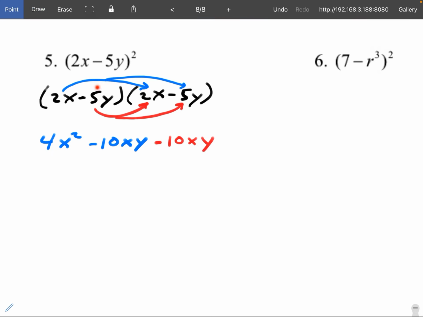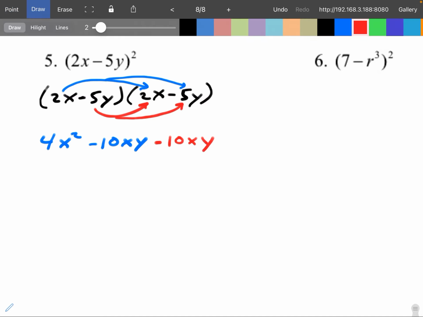And then the last multiplication, we got to do the negative 5y times another negative 5y. Good. Ethan said negative 5 times negative 5 would be a positive 25. And then you got a y times a y, which would be y squared.